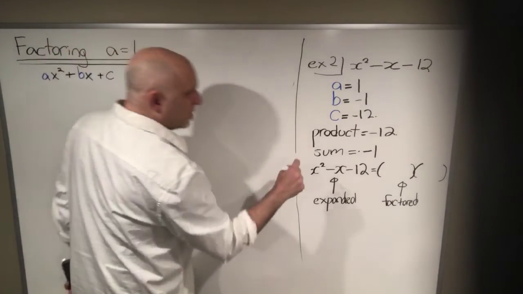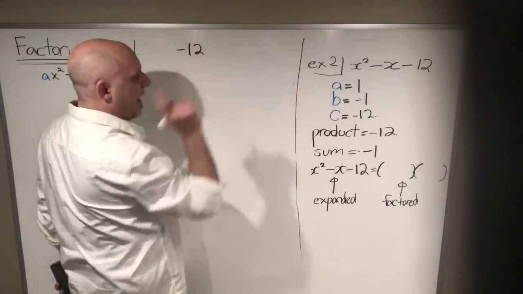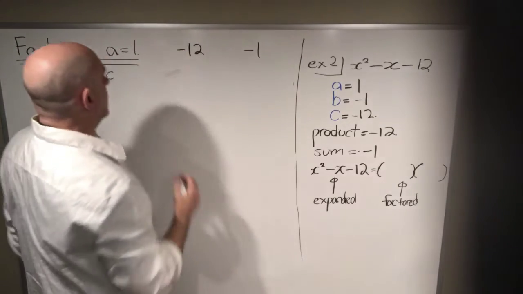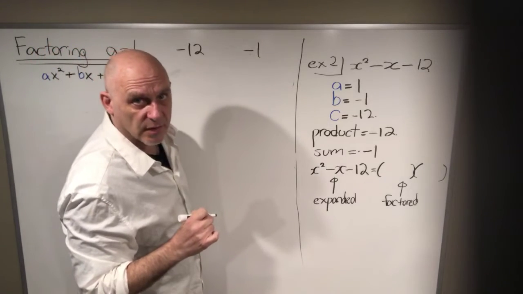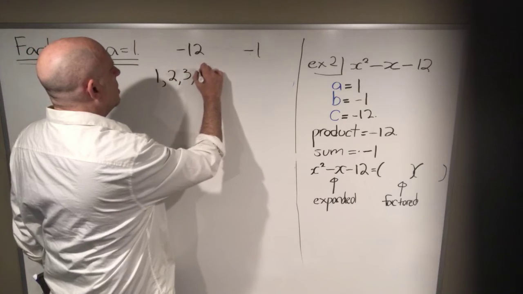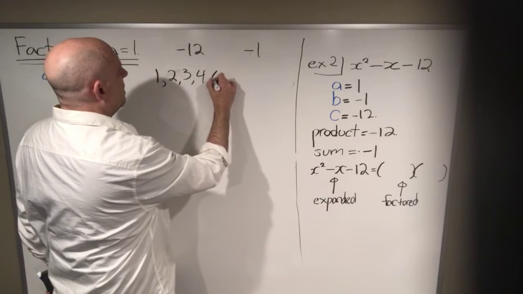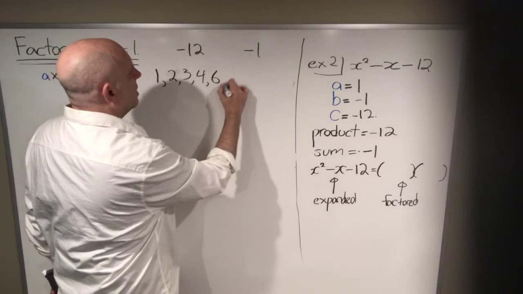Okay, so two numbers that multiplied give you negative 12, added give you negative 1. Okay, well, let's look at the factors of 12. The factors of 12 are, in other words, the numbers that divide into it evenly: 1, 2, 3, 4, 6, 12. 3 times 4, 2 times 6, 1 times 12.